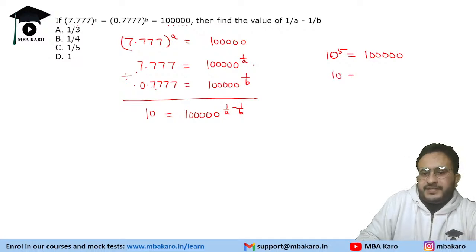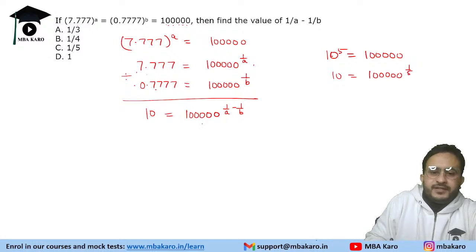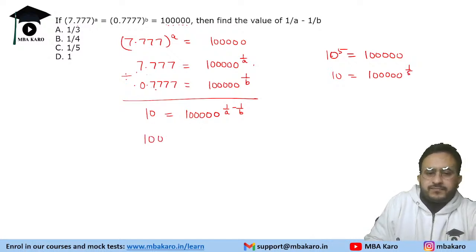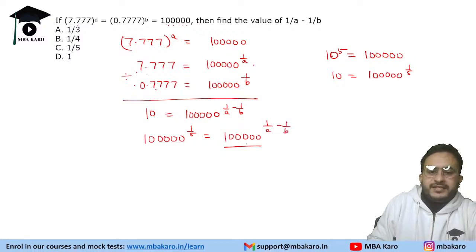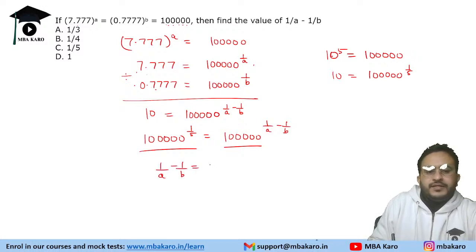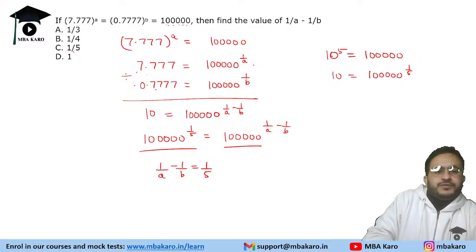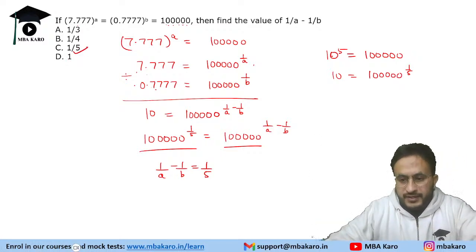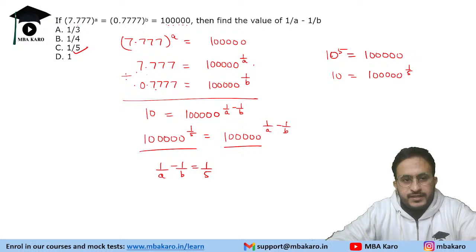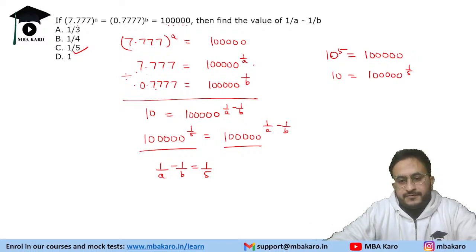Or we can say 10 is 1 lakh raised to the power 1 by 5. So just compare, the bases are same. That means 1 upon A minus 1 upon B is 1 upon 5. So this is a question based on the concept of indices. Okay, so the answer is 1 by 5.